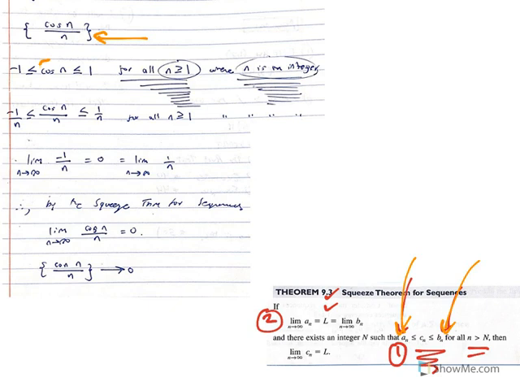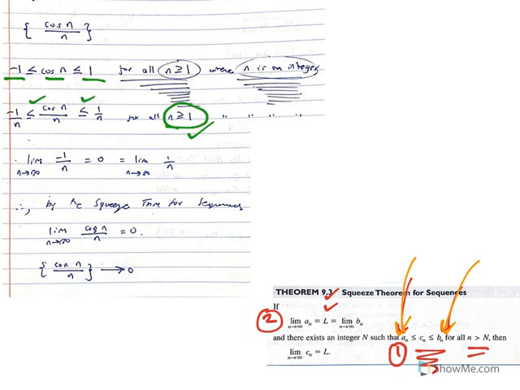We know that the output values of the cosine function are between -1 and +1, could be -1, could be +1, but between -1 and +1 for all n greater than or equal to 1, where n is an integer. For all n greater than or equal to 1, we'll divide each part of this compound inequality by n, and because n is a positive number, we don't change the direction of the inequality symbol.